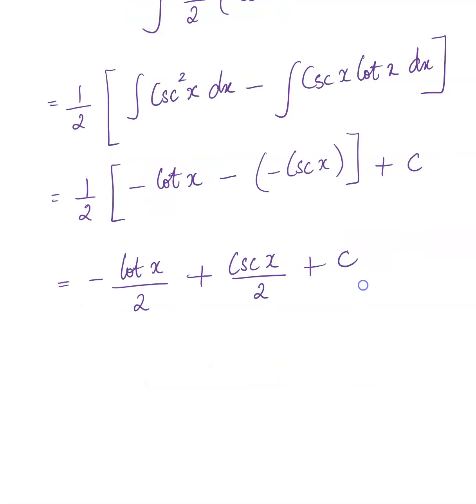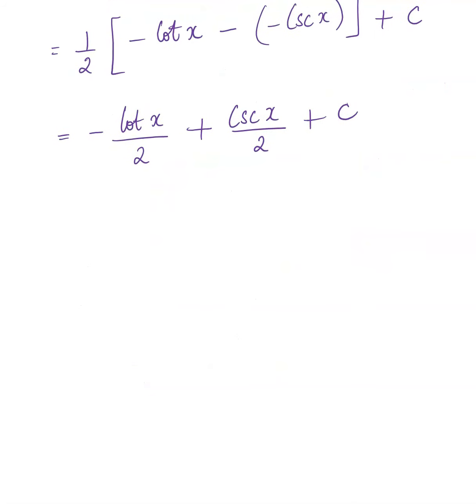I suppose the next one will be a little more interesting. Evaluate integral cotangent squared x dx. So go back to see if the formula has a cotangent squared x. Okay, unfortunately, we don't have that.